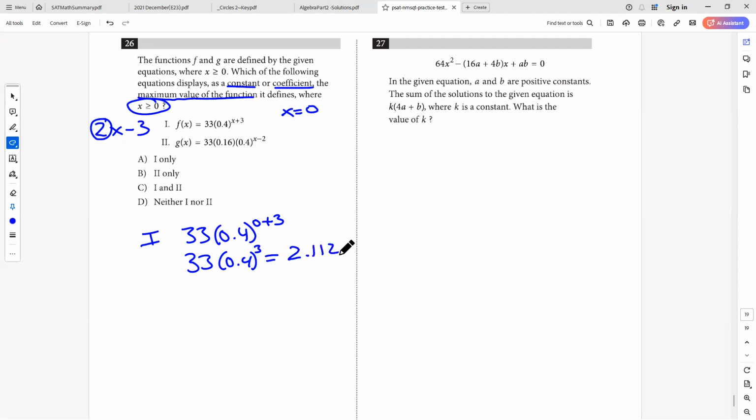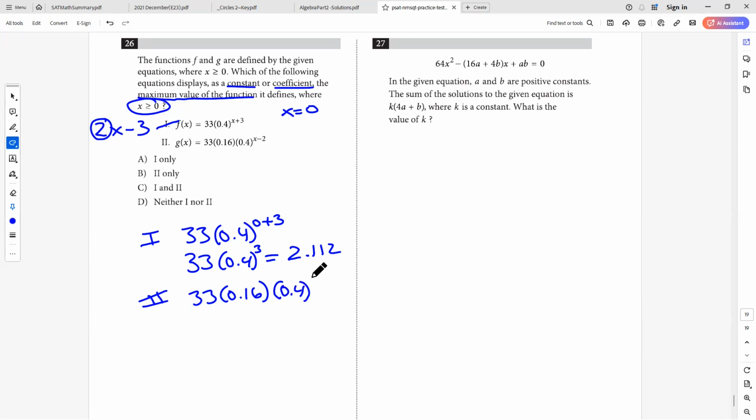All right, so does that number 2.112 appear as a constant or coefficient in that function? We have to say no, because we see 33, we see a 0.4, and we see a 3. So there's no 2.112. Definitely not that one. Let's try the second one. So it's going to be 33 times 0.16 times 0.4.